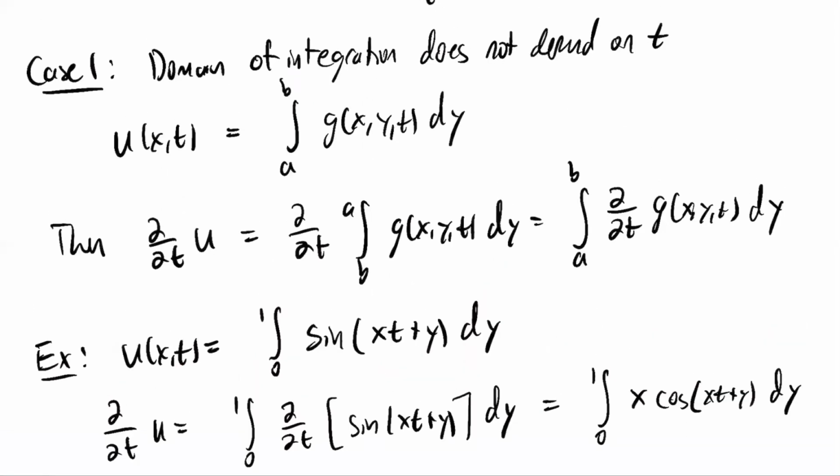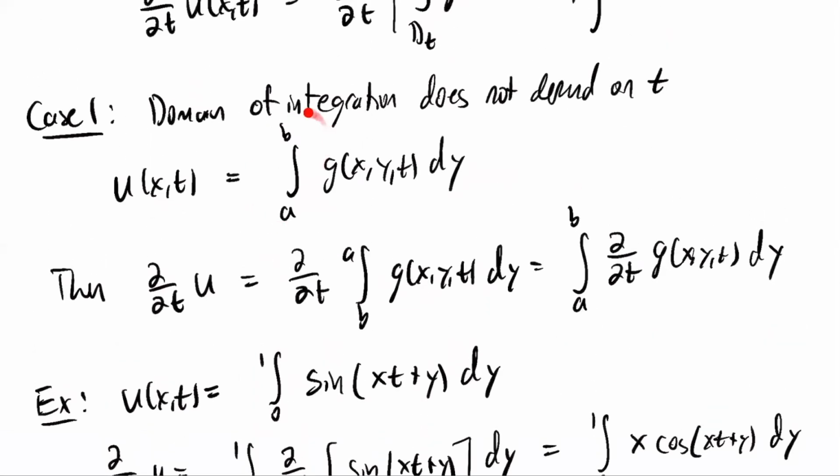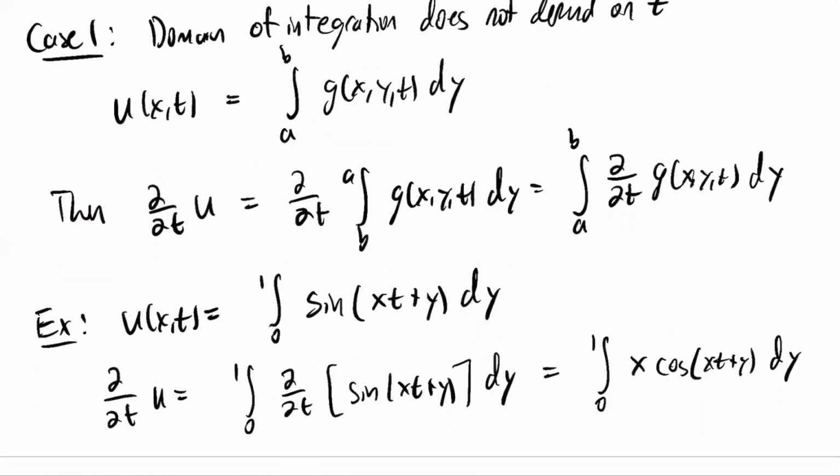So in this case, when the domain doesn't depend on t, these types of calculations aren't that hard. You may be wondering why I am wasting time doing this, since this is how you take the derivative of this type of function. Well, the more interesting and challenging case is, what happens if the domain did depend on time? This is something that maybe not everyone has seen before.